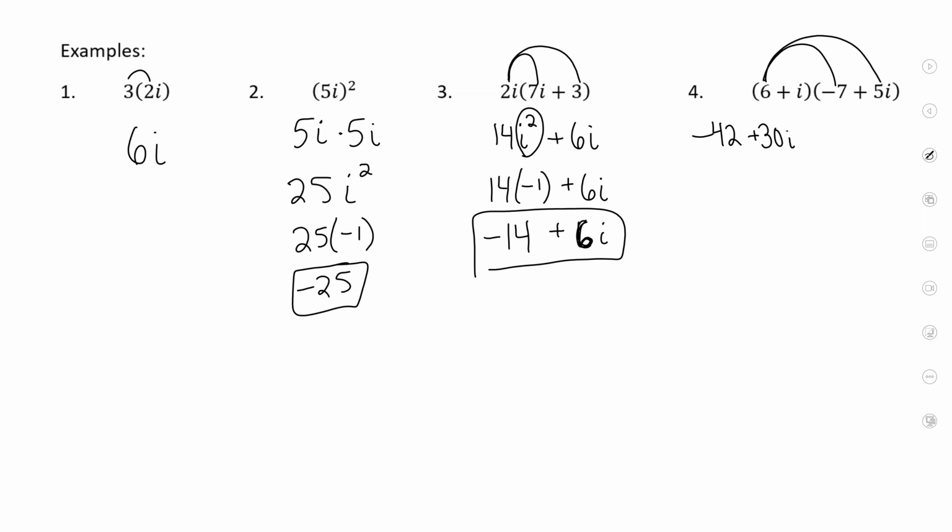Then we do the inside. i times -7 is -7i. Then we do the last numbers. i times 5i is 5i squared.